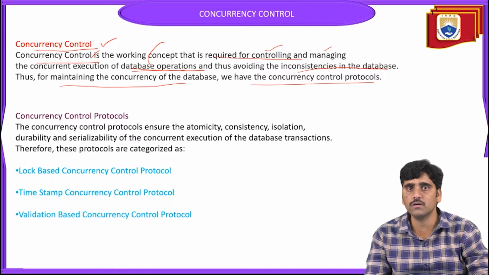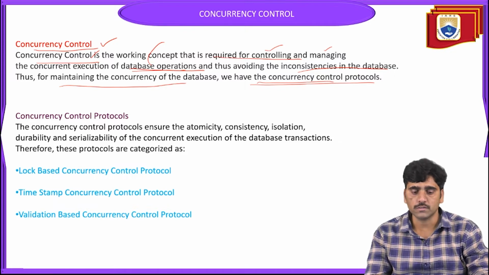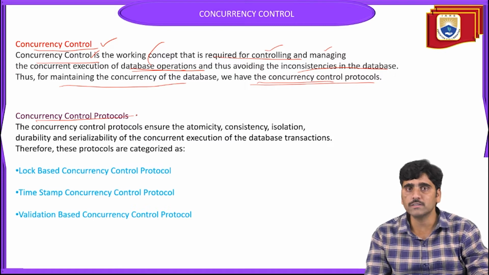To maintain the concurrency of the database, we have the concurrency control protocols. To implement the concurrency control mechanism, we use some protocols. So what are protocols? A protocol maintains the rules and regulations followed to implement transaction management.